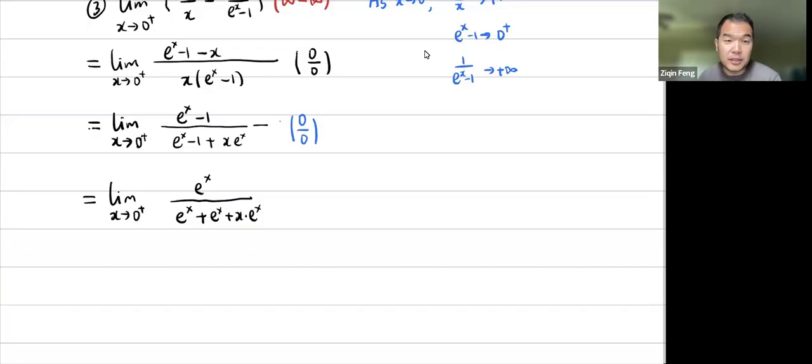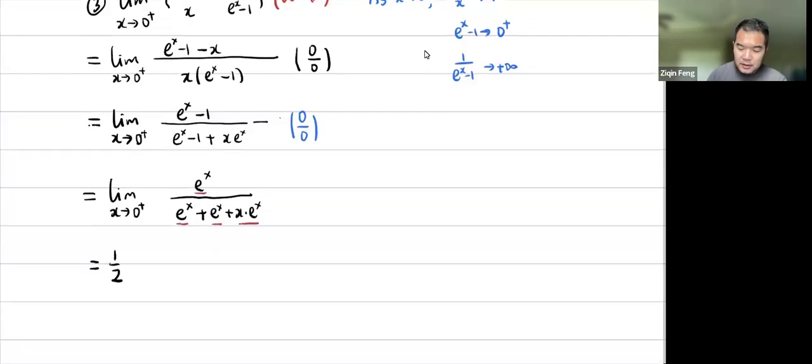Now, if you plug in 0, numerator is 1, denominator is 2, right? So the answer is 1/2, because e to 0 is 1, right? So if you plug in 0, this is 1, this is 1, this is 1, this is 0, right?